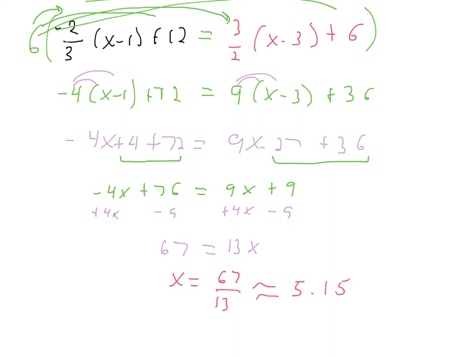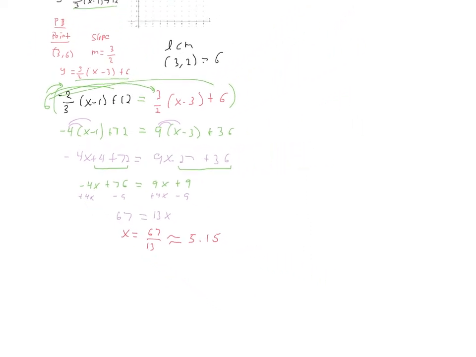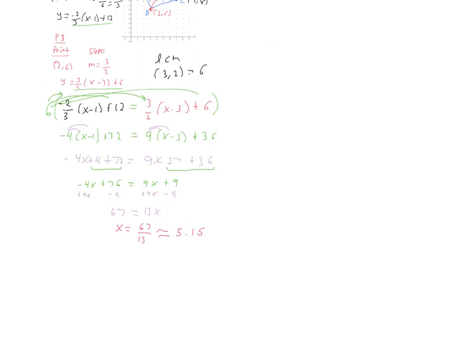So now that we know what x is equal to, we can go back to either here or here and find the y value of that point. So if we go back to, let's say, the red one, that second one, y is equal to 3 halves times x minus 3 plus 6. Oops, sorry. X is 67 over 13.